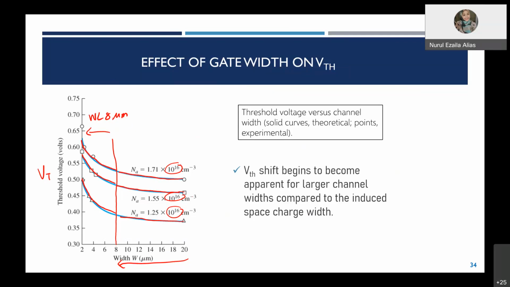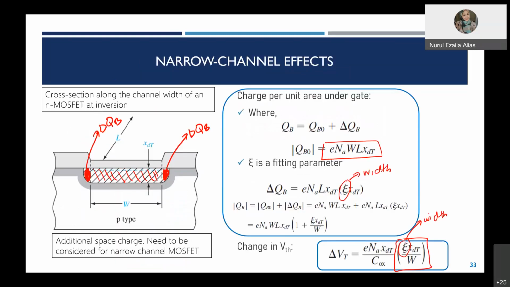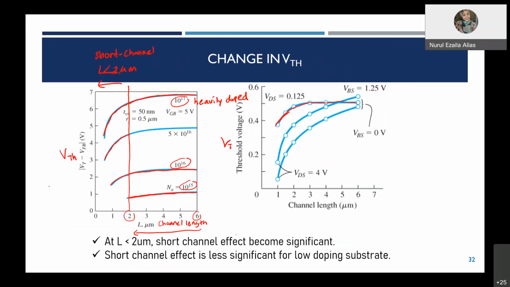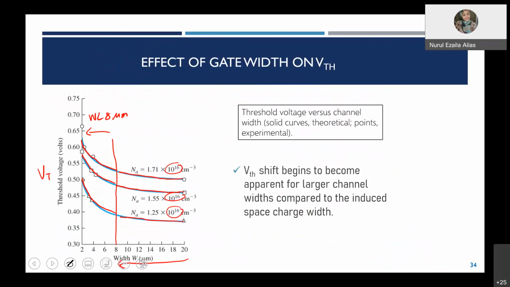So we can conclude that when we reduce the width W, the threshold voltage is increased. However, for the case when L is reduced, the threshold voltage is also reduced. For the case of W, when W is decreased, the VTH is increased.